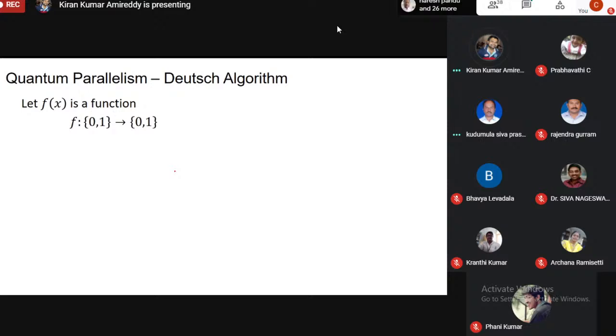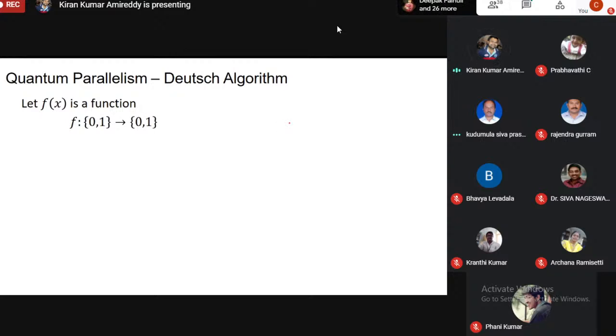Next we'll see quantum parallelism. We also see parallel computing in our classical computing, and we frequently hear about parallel computation. Then what is the difference, what extra is the quantum computer doing? Why do we call it quantum parallelism, which is not applicable to classical computing?